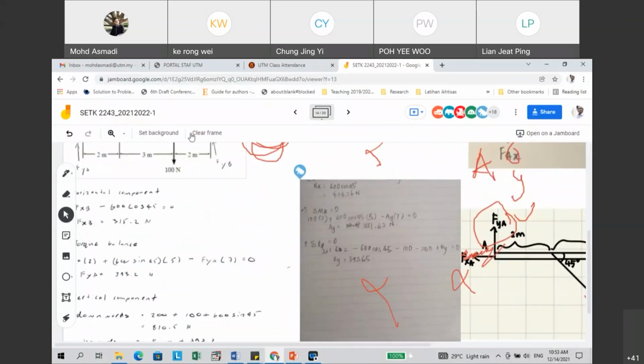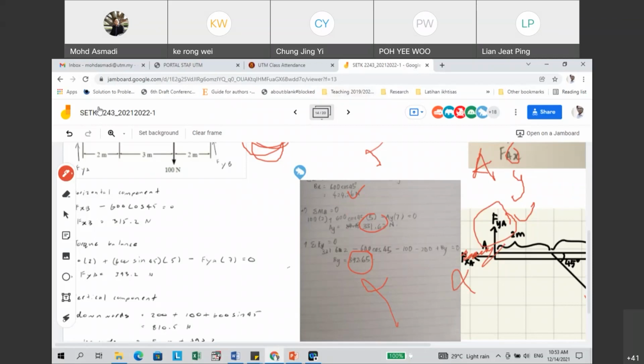Yes, BX, this one is correct. BX is correct. AY is 331. Okay, almost. BY, can you check this again? Yeah, I think the method is correct. This one is correct. Okay.